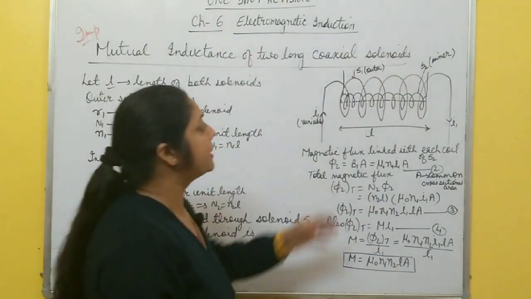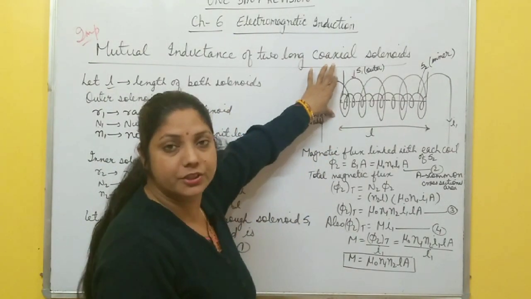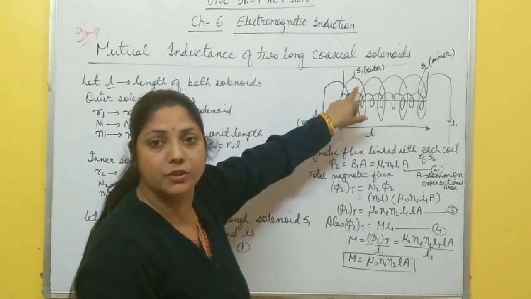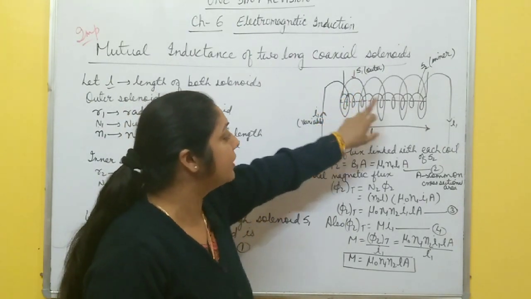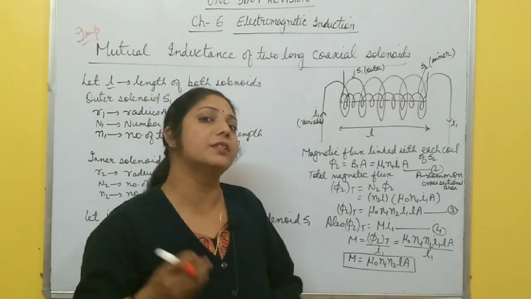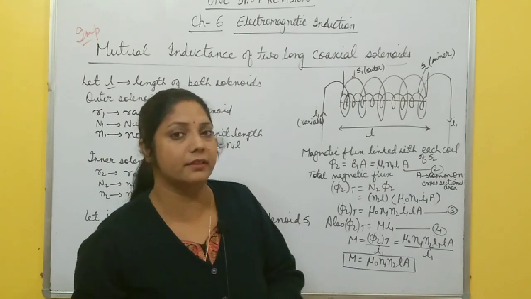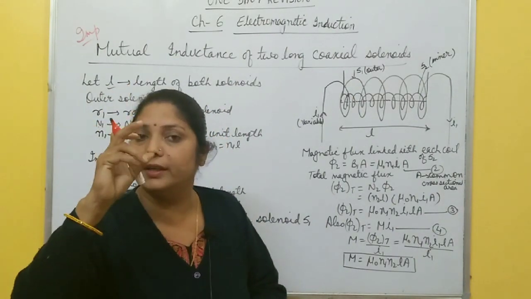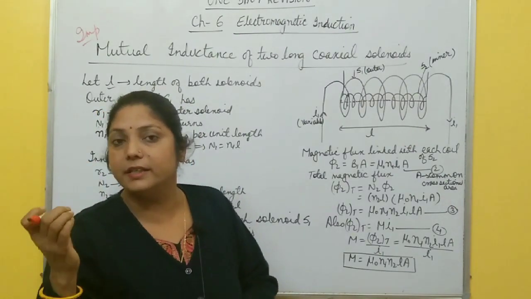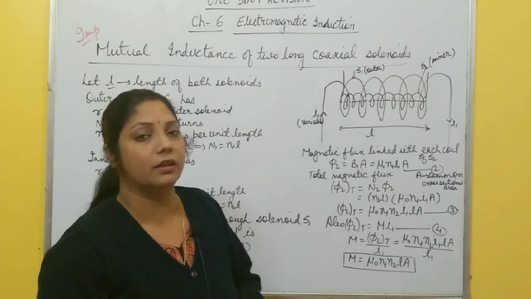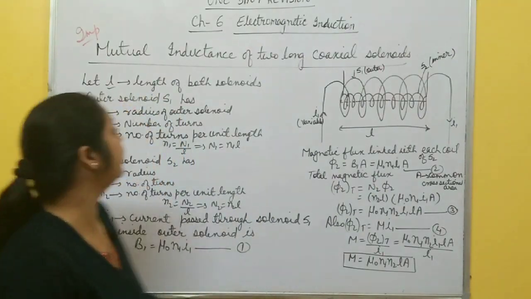And if the magnetic flux linked with the outer solenoid changes, then the inner solenoid being on the same axis, the magnetic flux linked with the inner solenoid also changes, and there is induced EMF or induced current in the inner solenoid. So if current is passing through the outer solenoid, induced current is developed in the inner solenoid. So you have to calculate the mutual inductance of that inner solenoid, right?